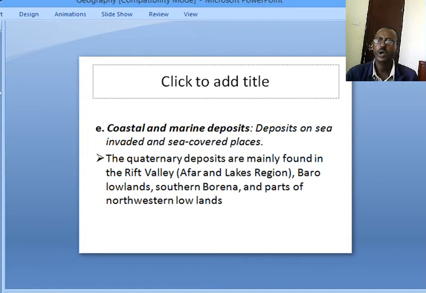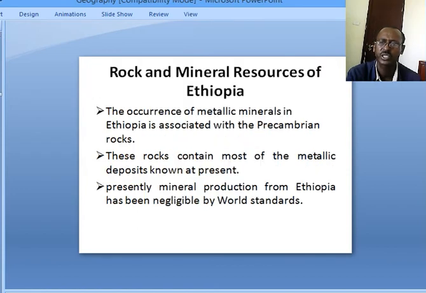The fifth one, coastal and marine deposits, are deposits on sea beds and sea-covered places. The quaternary depositions are mainly found in the Rift Valley, Afar and Lakes region, Borena lowlands, southern Borno, and parts of the northern lowlands of Ethiopia. These are what we call quaternary deposits.